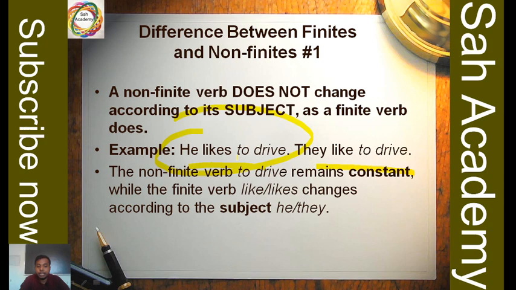In the next example, they like to drive. Now look at the use of like: likes has changed into like because of the subject they. But drive is constant. It has not changed.